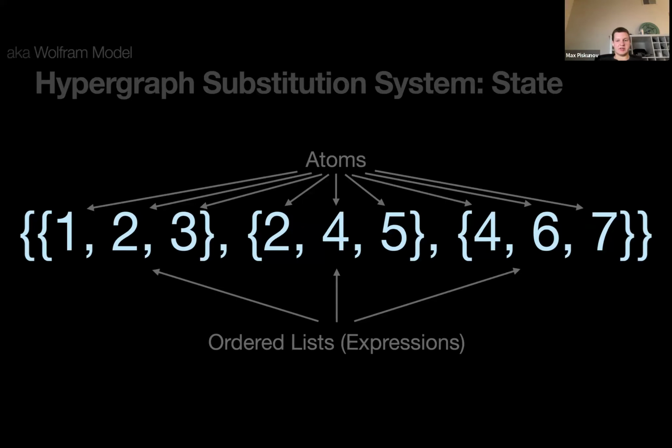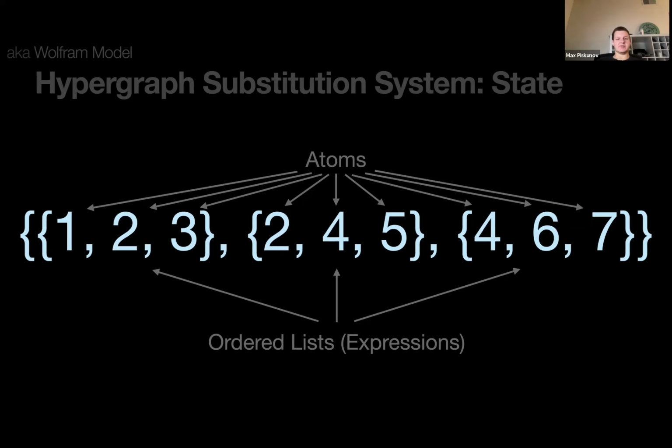And so in this case, we have 3 expressions which all have arity of 3. These expressions in the case of hypergraph substitution system correspond to hyperedges.